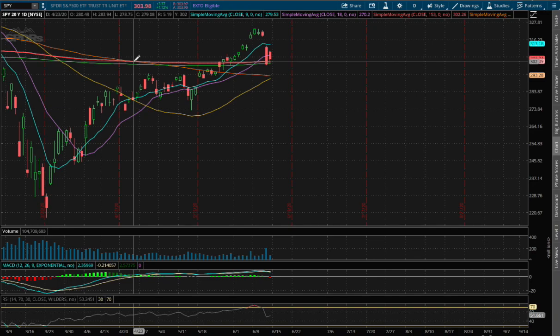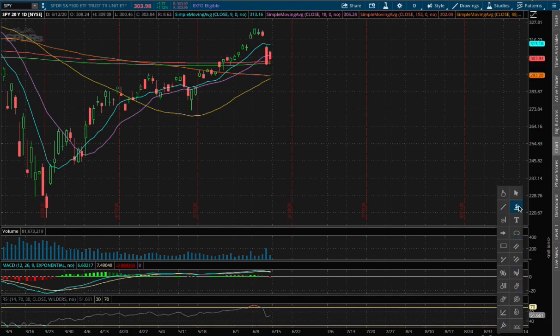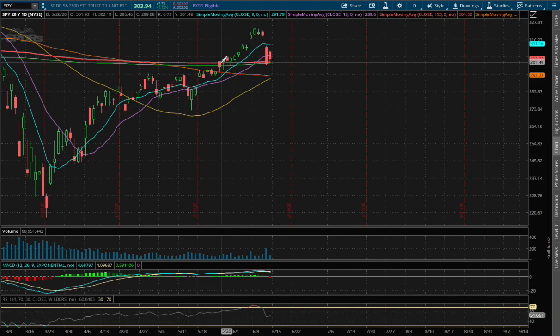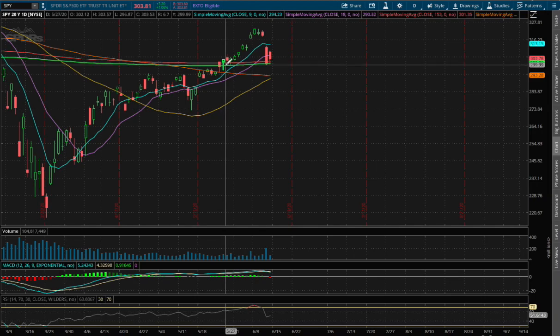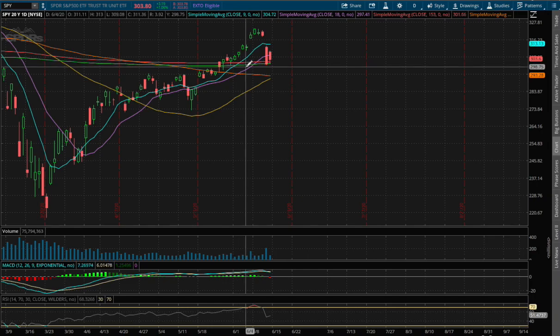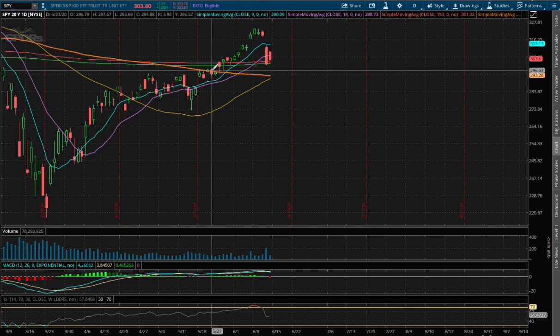So we are currently on a pretty stable support level, and we also have a previous resistance level around this range that dates back to May 26. Since we're slightly above that resistance level, it acts as our support. However, if we do manage to break the 200-day moving average, the next possible support level will be around the price of $296.50.